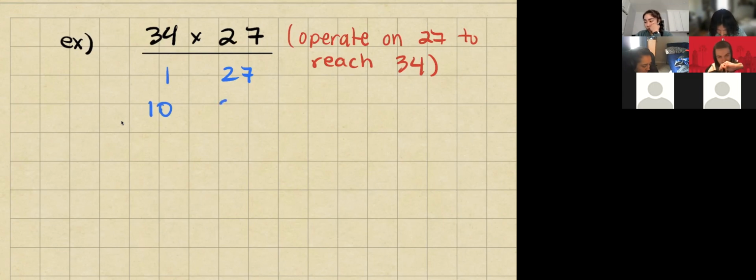So then I would do 270, and then I would double that and get 540. So see, now I have 30 already. So I'm almost there. It streamlines my work. If I were doubling, I'd be going 1, 2, 4, 8, 16. Eventually I'd get it, but it would just be a longer process.